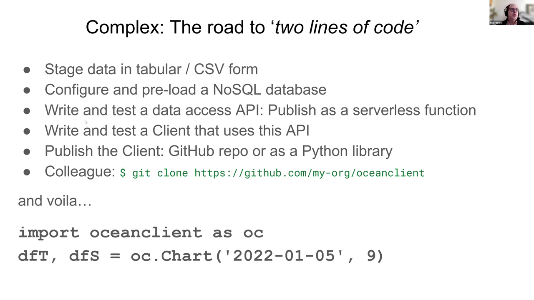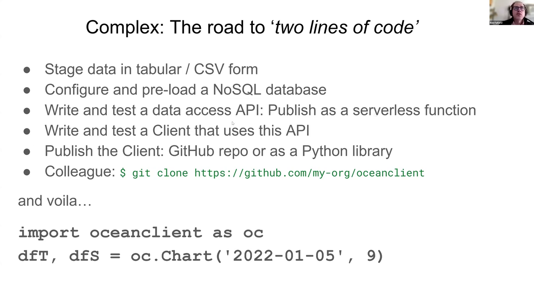And then we go off and we write and test a data access API. That's the programming interface. And we publish this as a serverless function. So as I mentioned before with the jargon run through, a serverless function is just some code that's going to run on the cloud, and it's going to run without us having to worry about what computer it's sitting on. It's rather magical.